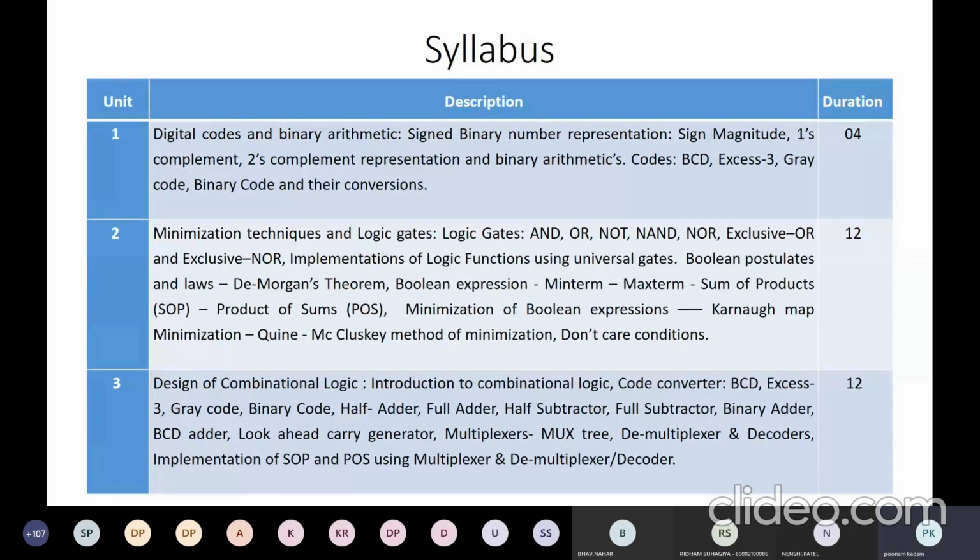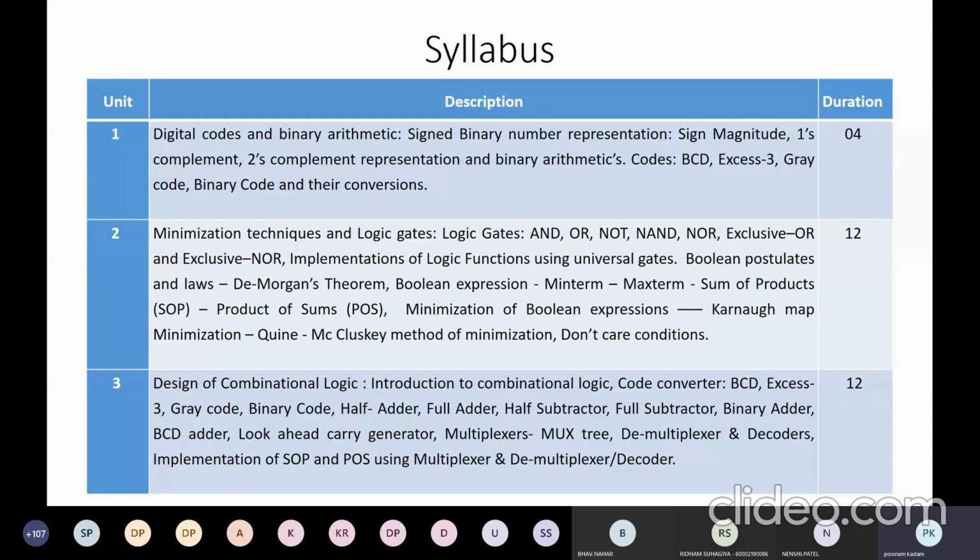Basically there are three ways to represent negative numbers in binary: sign magnitude representation, ones complement representation, and two's complement representation. You will be learning about these ways to represent signed binary numbers, and then we'll see how to perform arithmetic operations, that is addition and subtraction, on the signed binary numbers. This is about the first unit of the course.